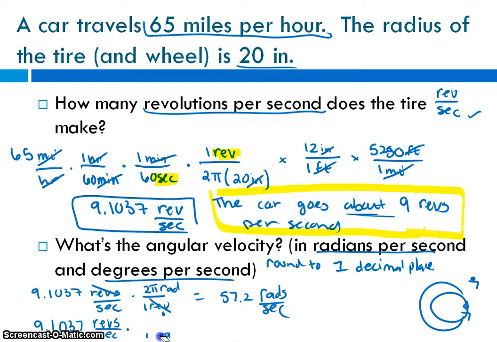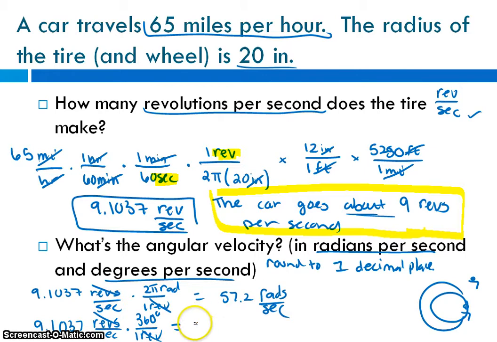Sorry, let me back up. I'm doing something backwards here. To revolutions, 1 rev is equivalent to 360 degrees. And the revs are going to cancel.